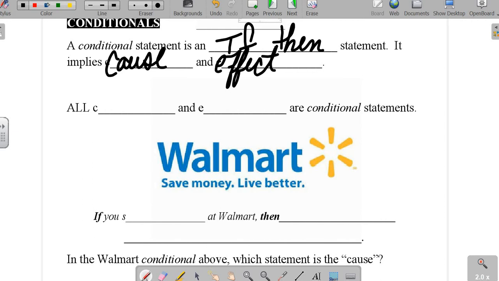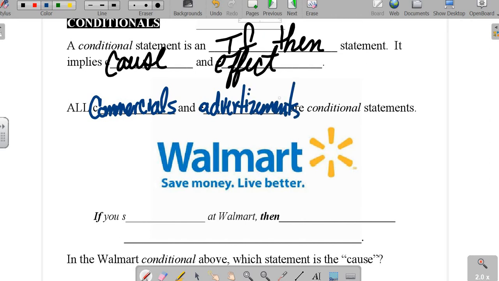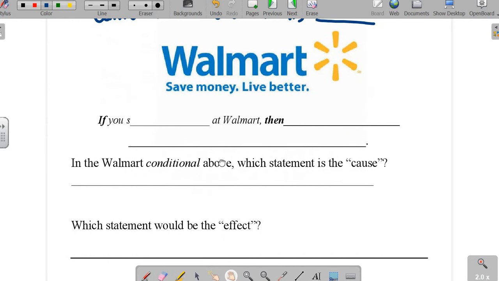Cause and effect. All commercials, and that should be an A, advertisements. All advertisements are conditional statements. They imply cause and effect.